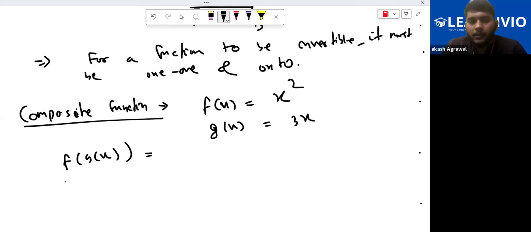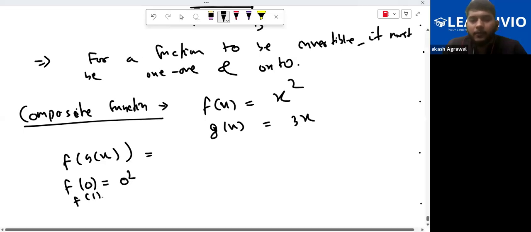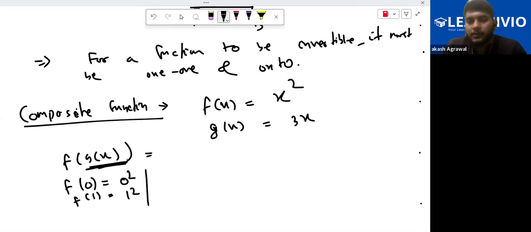What we do, if we have to find f of 0, is replace x with 0, so it becomes 0 square. If we have to find f of 1, we replace x with 1, we get 1 square. Here we are replacing x with g of x. So the equation becomes g of x whole square. Understood, everyone?